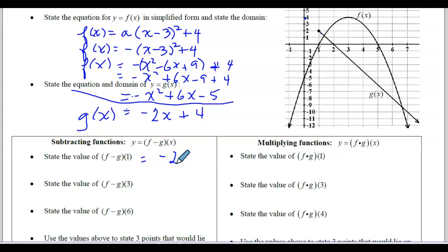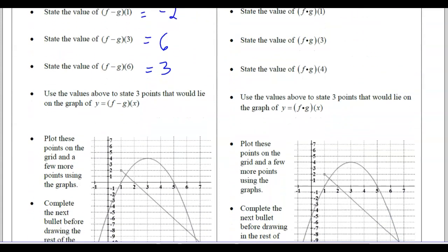Then when x is 3, f is 4, g is negative 2, so 4 minus negative 2 is 6. And then at x equals 6, our f, a little bit off, is negative 5, and our g is negative 8. So negative 5 minus negative 8 is positive 3.